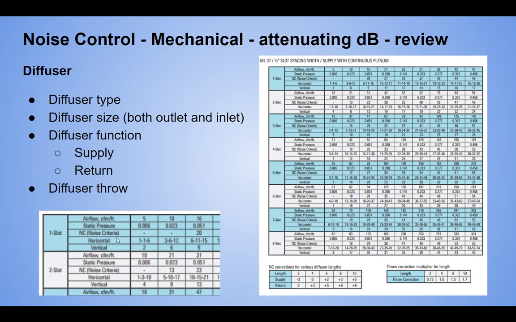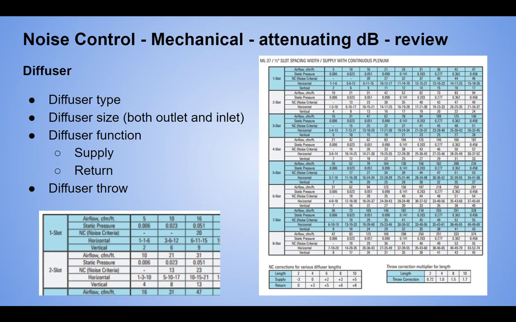So if we look at this, as we add more CFM, we get a further throw, and we also get a higher NC value.